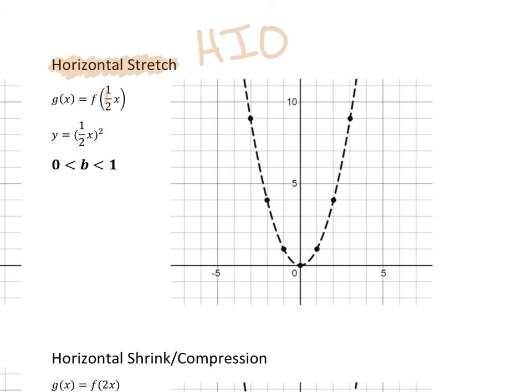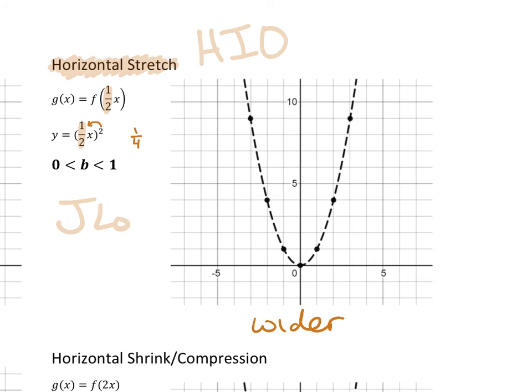Okay? What kind of number do we have inside these parentheses here? Yeah, that's a JLO number. If we remember, JLO graphs should always get wider. And even though this says stretch and we're getting wider, that comes from the number that I'm multiplying. Basically, what happens here is since that 1/2 is inside, it's going to get squared, which really means I have 1/4, because 1 squared is 1 and 2 squared is 4.